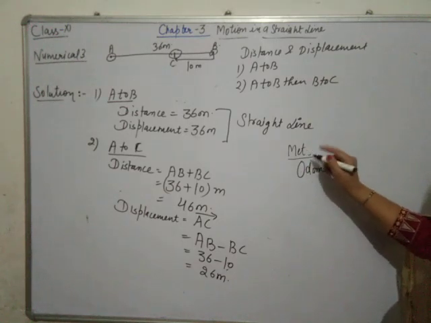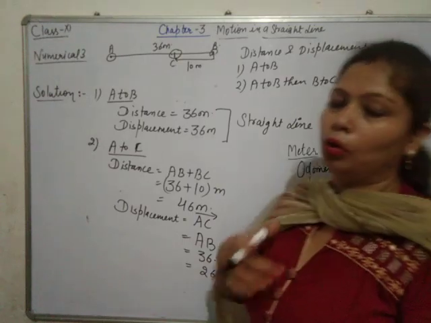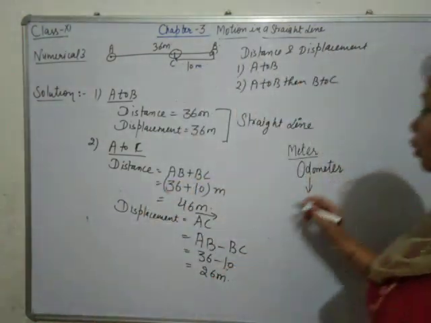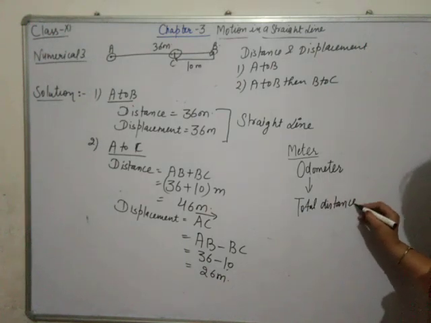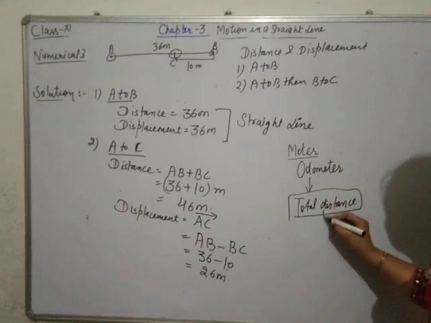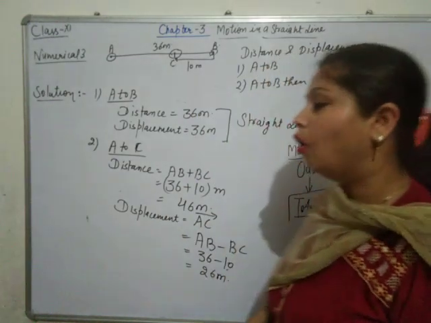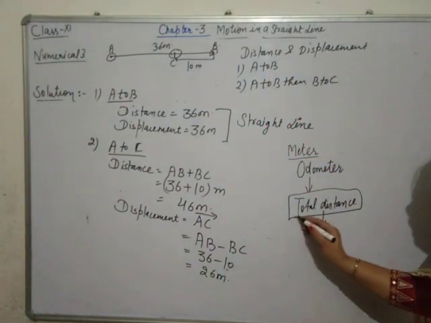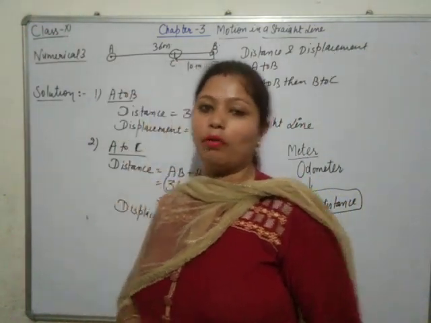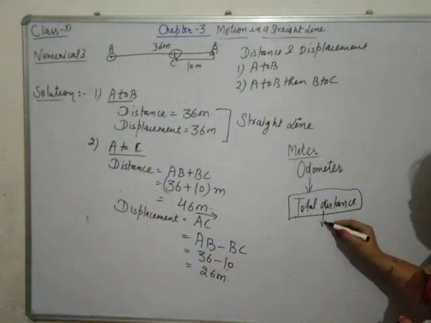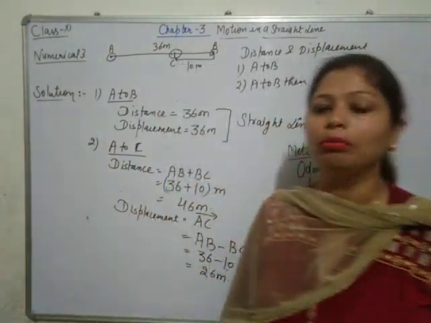Odometer is a device that is connected to all the vehicles that measure total distance traveled. It gives total distance. It gives no estimation in which direction, whether in east or west or north, whatsoever direction we have changed, it will provide only distance, not displacement. So odometer provides us distance traveled. It is a digital meter that gives how much kilometer we have traveled from start.